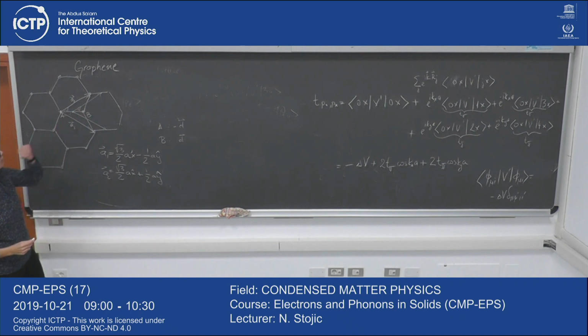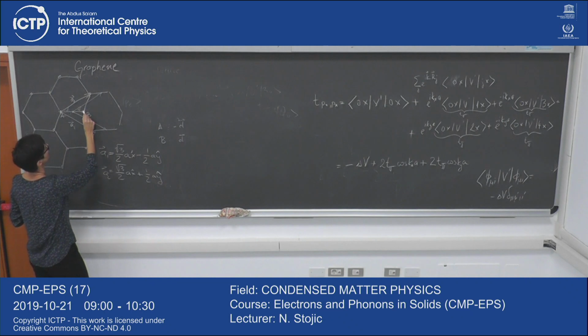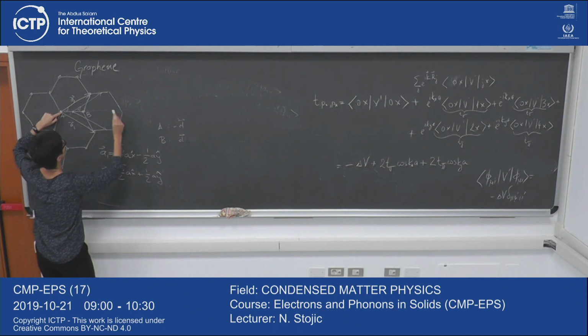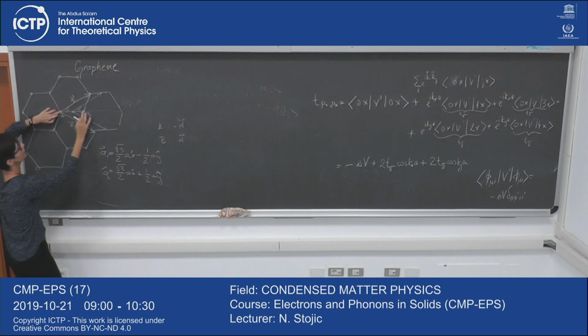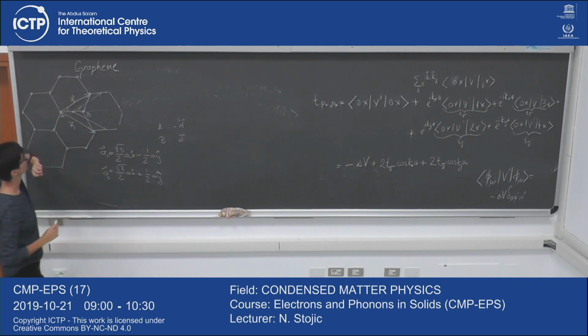And what is D? If you sum A1 and A2, you get this. This is 2A, and this is A. This whole thing is 3A, do you see? So 2D is one third of the sum A1 plus A2.